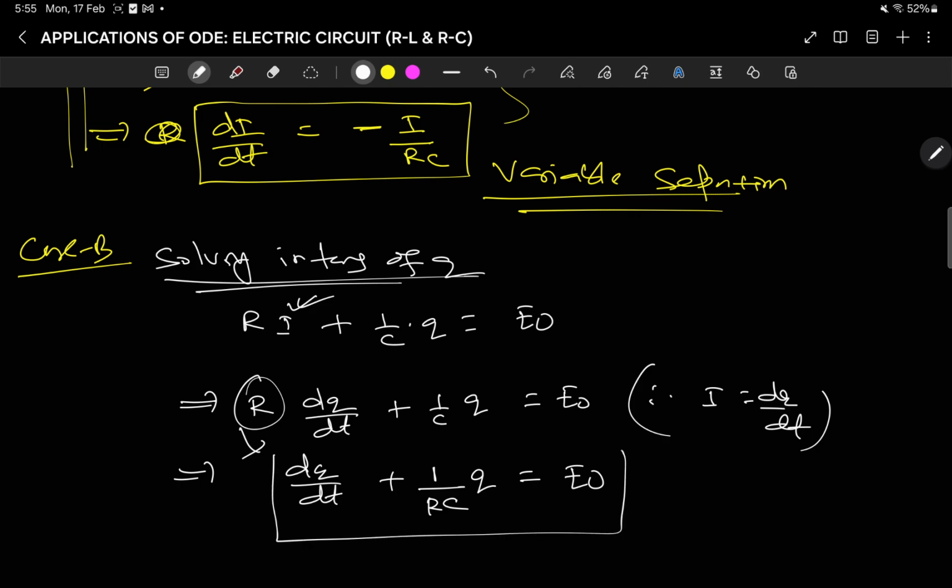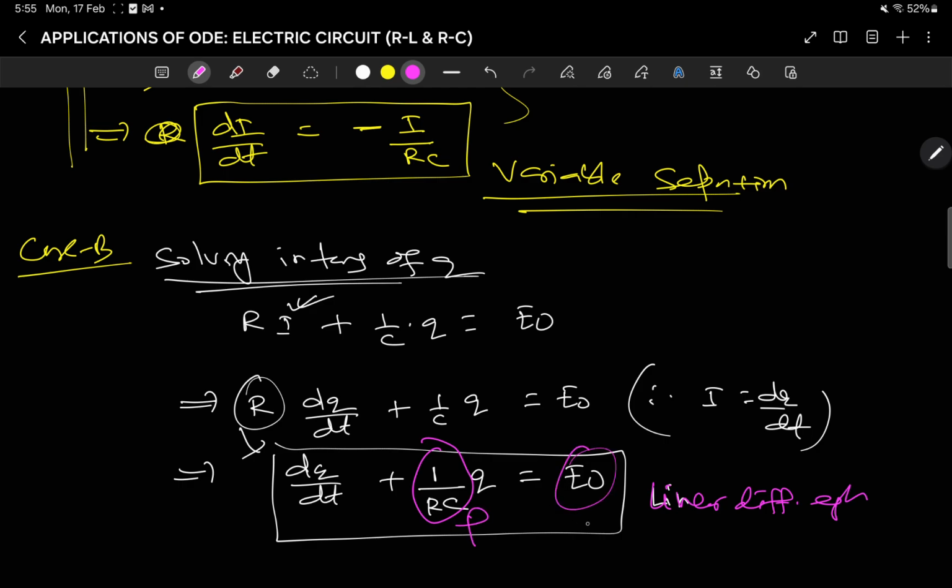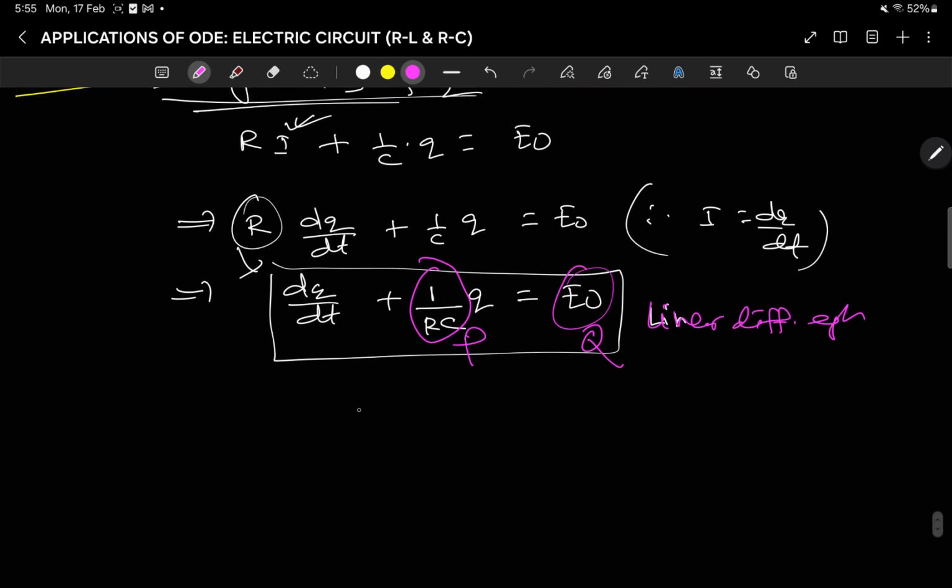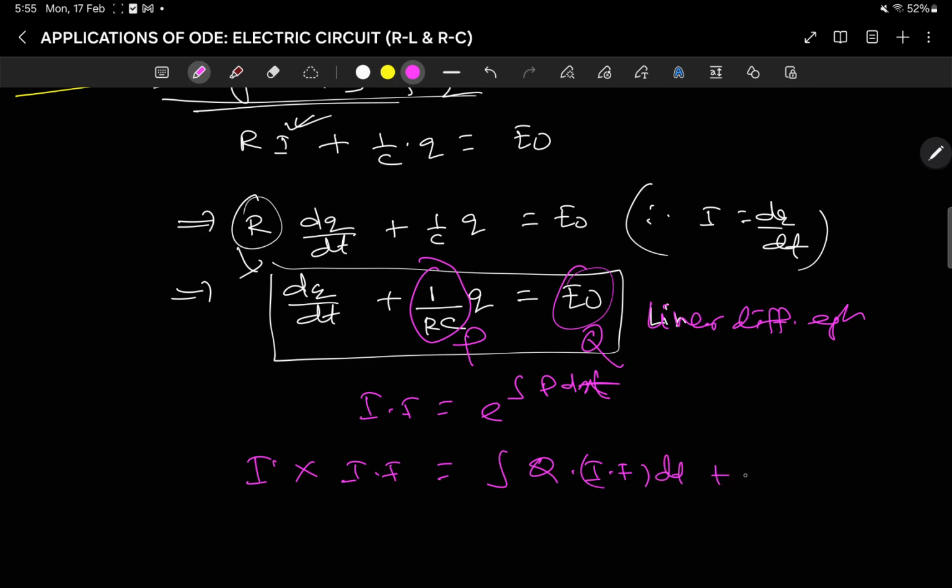So this is a linear differential equation. You see, this is my P and this is my Q. As usual we find the integrating factor, e to the power integral P dt. Then Q into the integrating factor is equal to the integral of Q into the integrating factor dt plus C. So this is it.